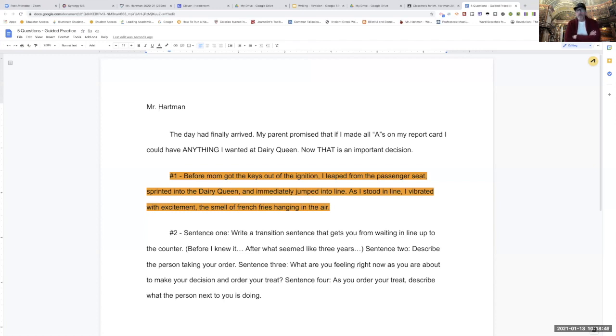So we need to make sure that in our mind, if we have to go back and reference this or reread it, we know, oh yeah, that's the guy with the big nose, or that's the guy with the purple hair, or that's the guy with, you know, whatever the case may be. So sentence 4, as you order your treat, describe what the person next to you is doing.